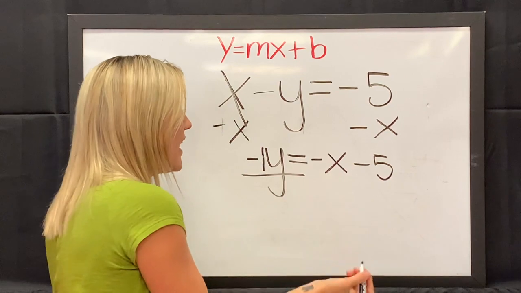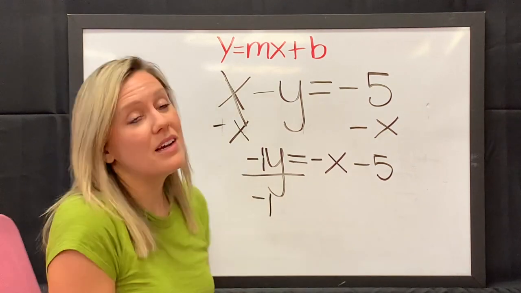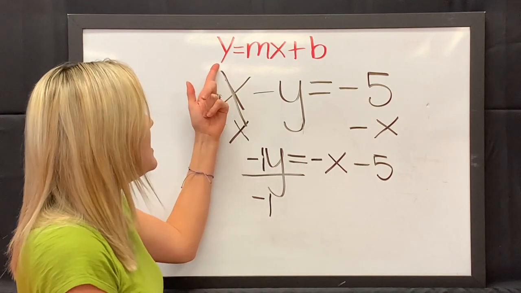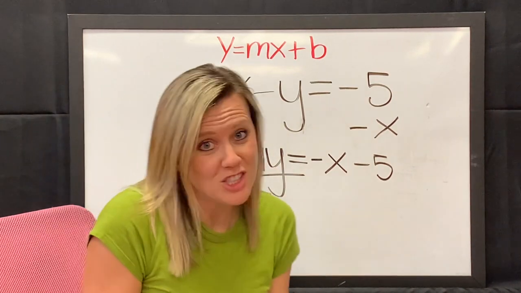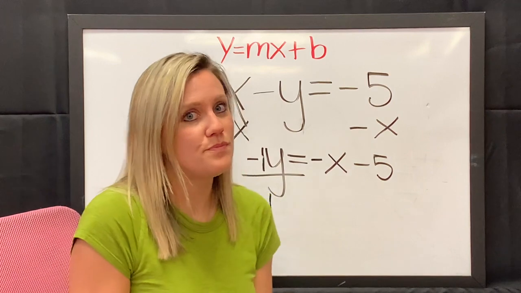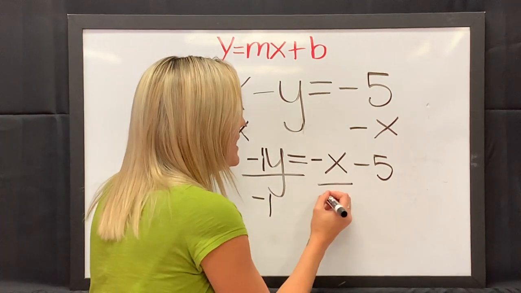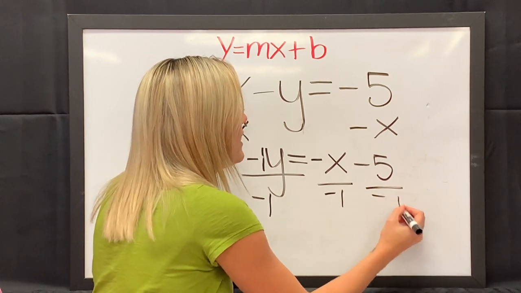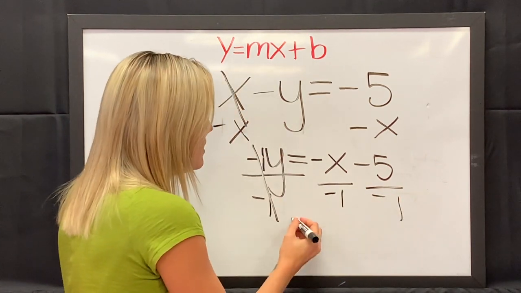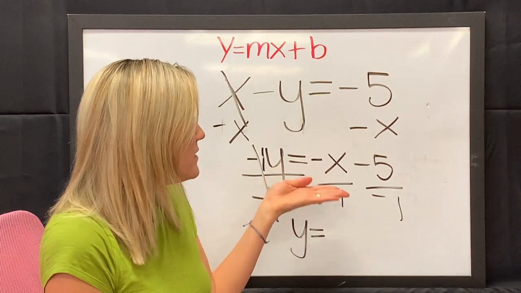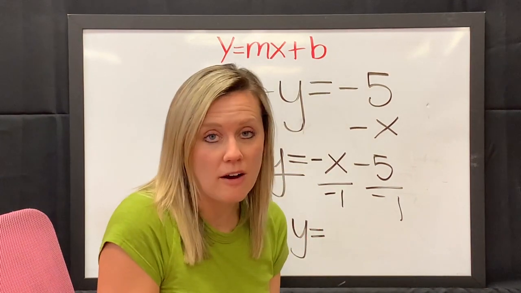So I'm going to divide this by -1 because our equation in slope-intercept form does not say -y equals. It just says y equals. So if I divide this side by -1, I'm going to divide each of the terms over here by -1. These will cancel, and I will get, well, negative divided by negative is going to give me a positive.